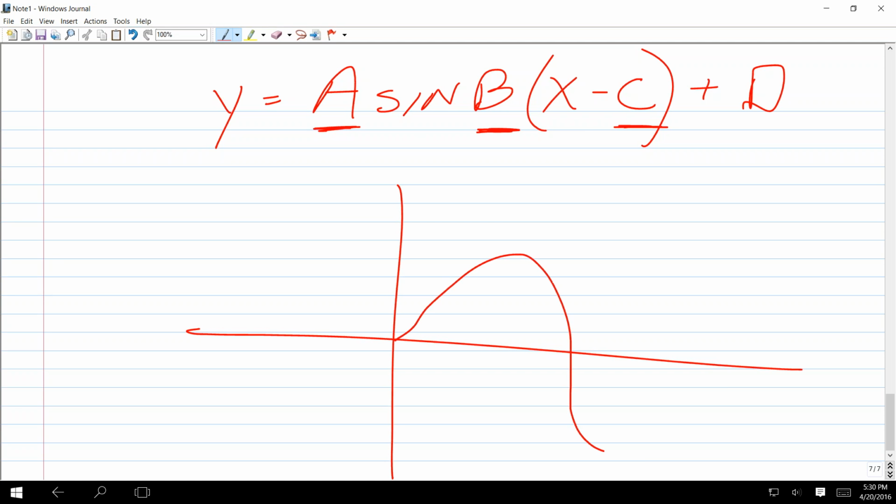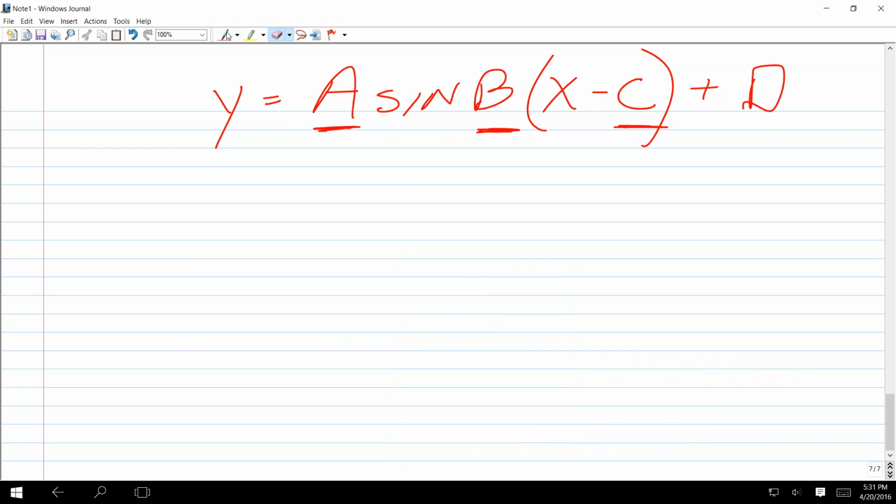If I had this curve here, and that's sine of x, sine of 2x is going to look like that. I'm going to compress it horizontally. It's not the period, but you divide by that number. That's the thing to remember. Divide the period by that number to get it.